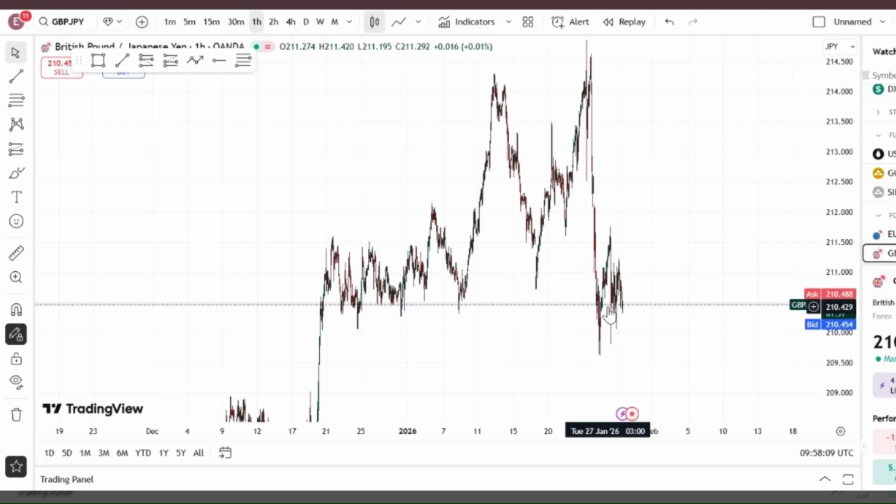Yes, so what I trade basically is just structure and liquidity. That's just it. I stick to one strategy, not the one where you're trading structure and liquidity, then you're trading resistance and support, you're trading all kinds of strategy. When you are trading different strategies, at the end you are going to get confused.